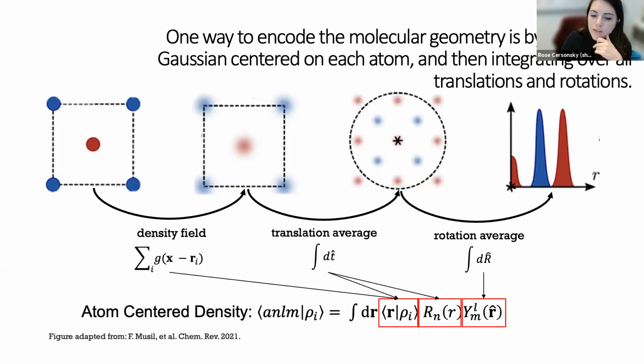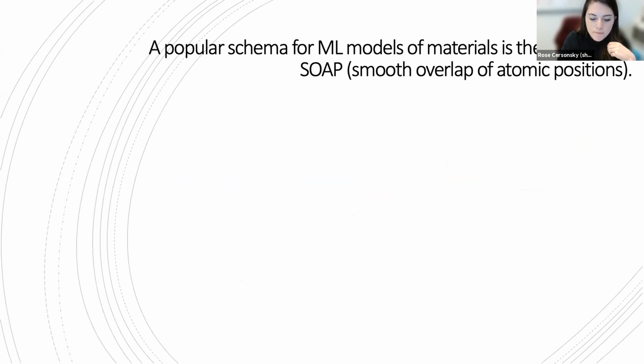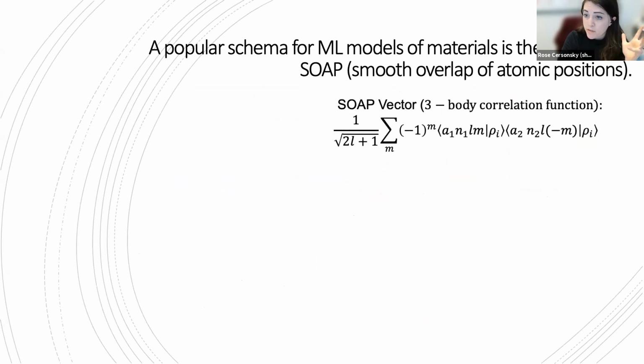And so what we get out of this is an atom-centered density that has been expanded to be rotationally and translationally invariant, and if we're working with an averaged SOAP, permutationally invariant. You can imagine that our resolution comes with the number of radial and spherical harmonic channels that we expand over.